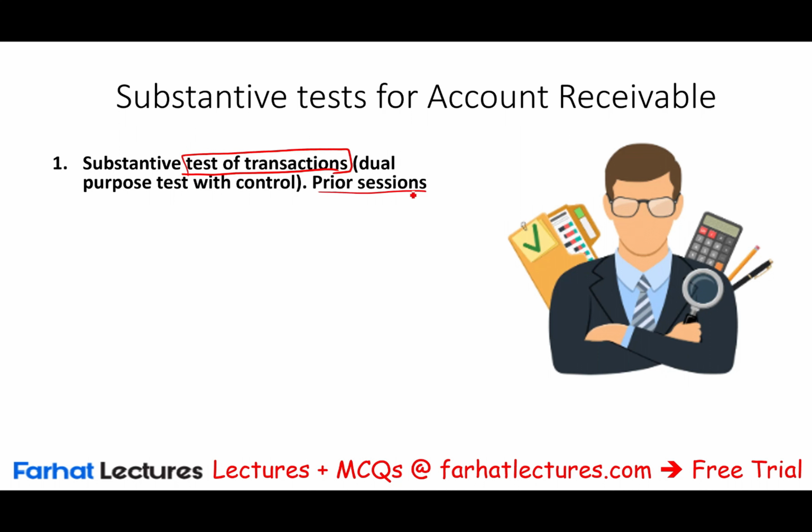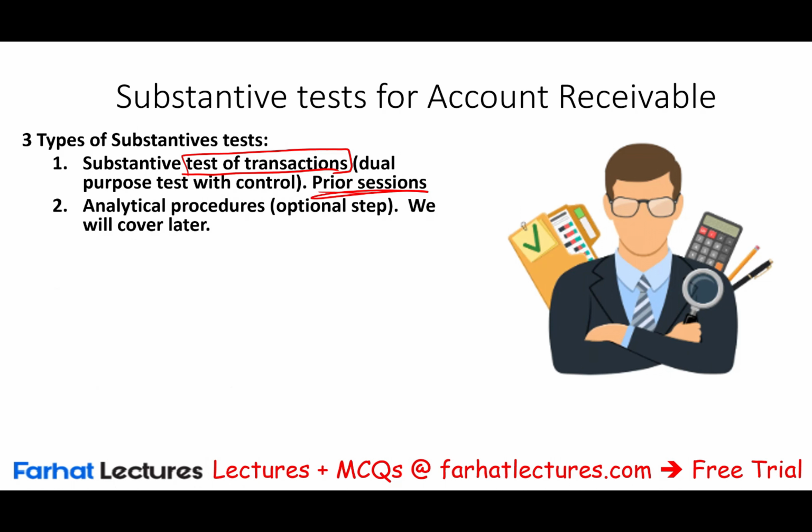And we looked at internal control for account receivable and sales in prior sessions. You can also do analytical procedures. You could also use analytical procedures as you are testing account receivable. Although analytical procedures, remember, as part of substantive testing, is an optional step. Now remember, you can have analytical procedures at the beginning, at the end, and in between.